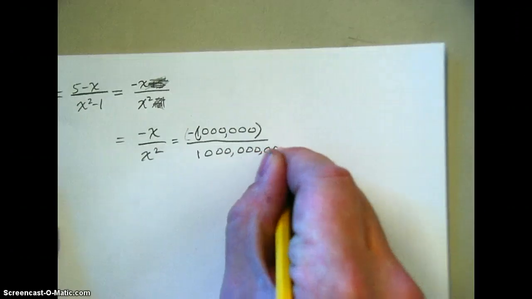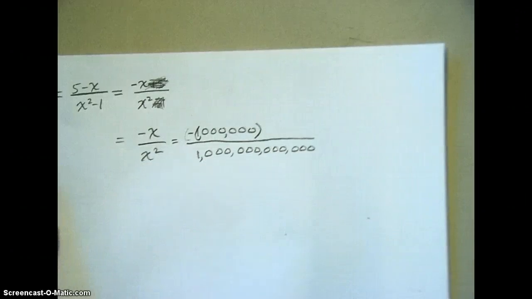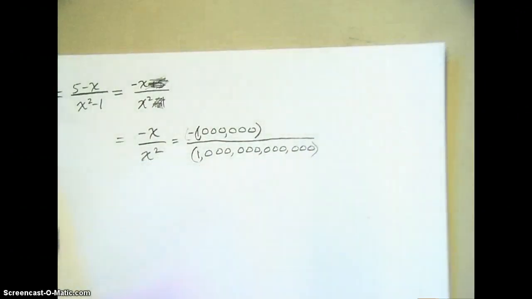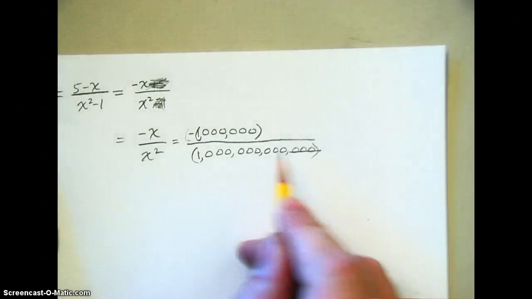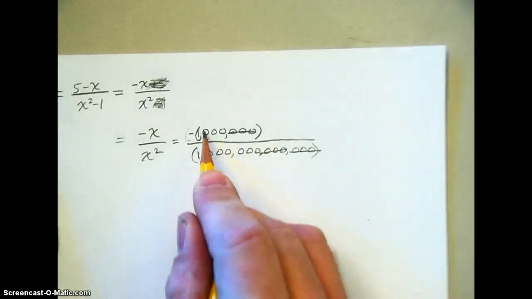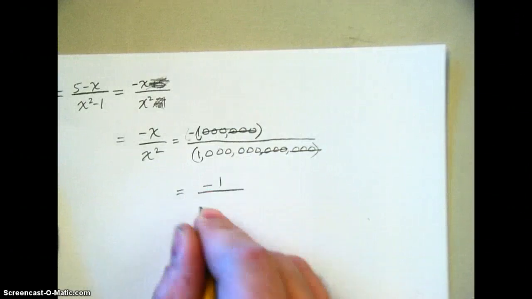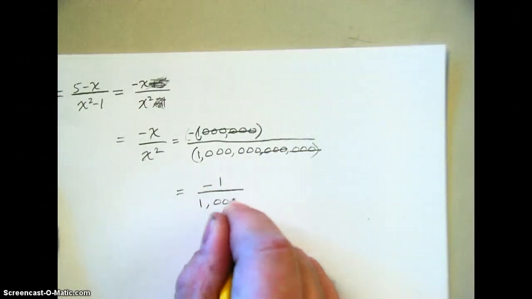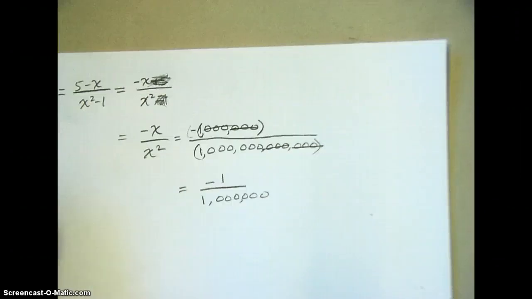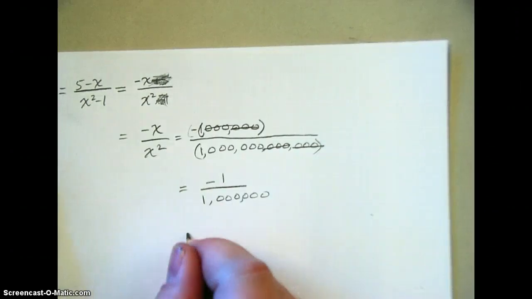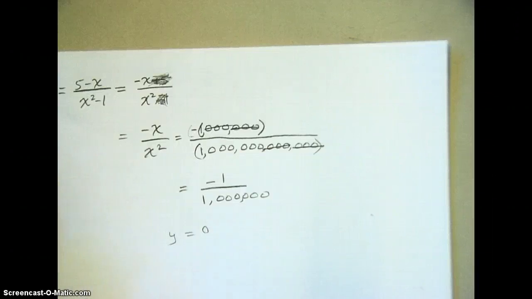That's a lot of zeros. Now when I cancel that, I am left with negative 1 over 1 million. What is that really close to? It's really close to 0. So my y asymptote is 0. Aaliyah, you were correct. Well done.